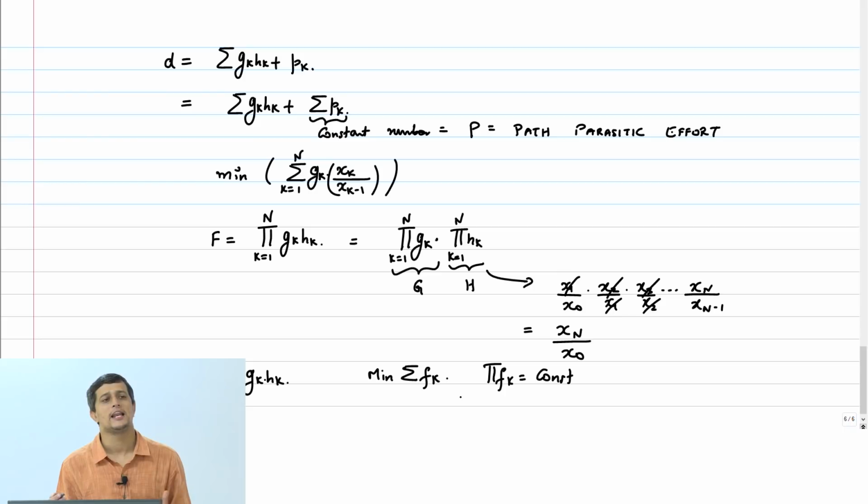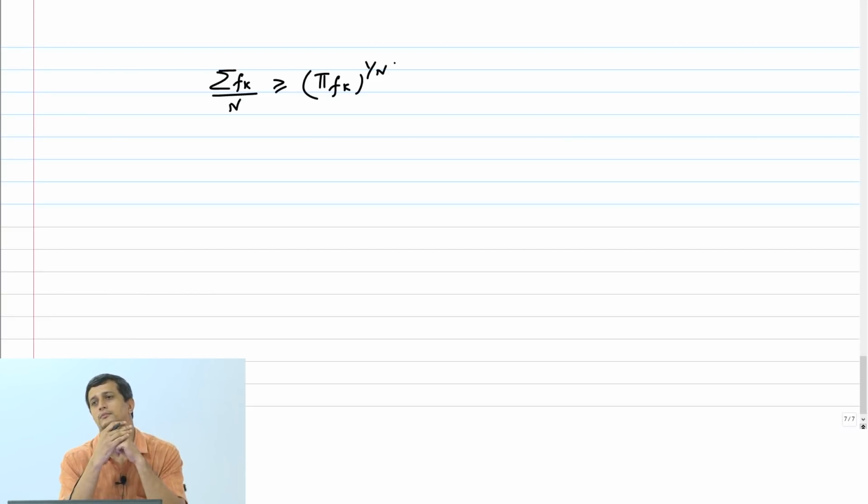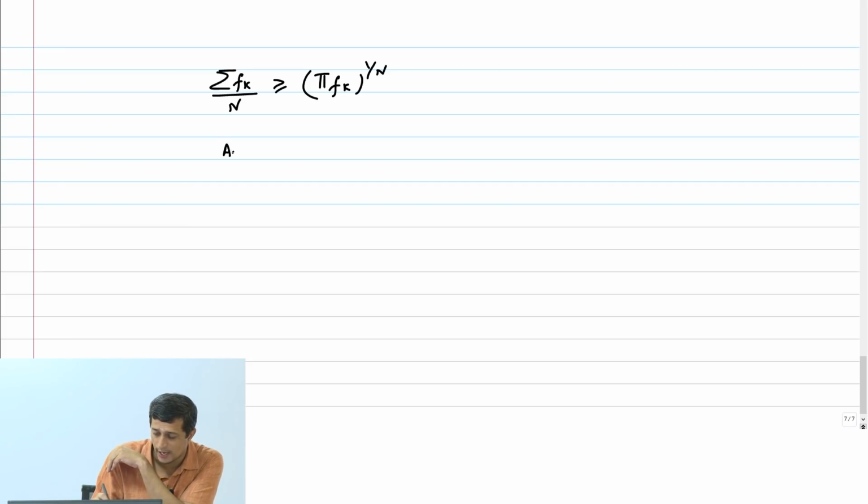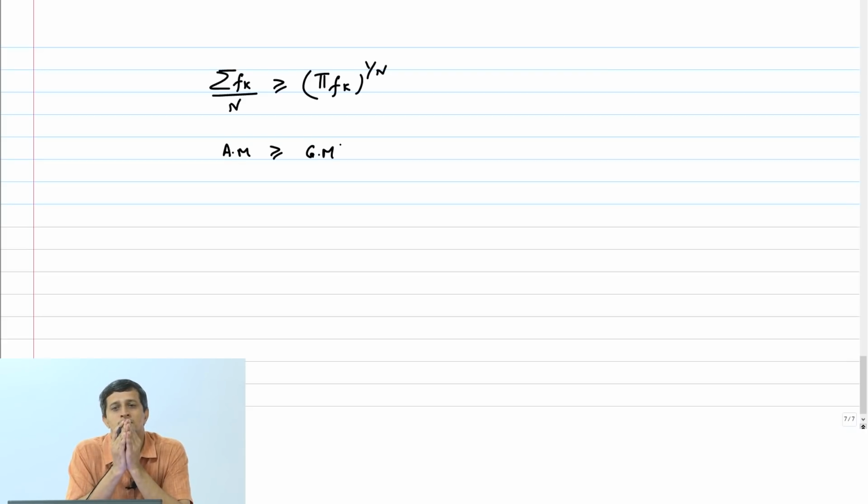You use the arithmetic mean, geometric mean inequality, and you can solve. The left hand side is some form of the arithmetic mean, summation Fk by n, right? So I can say the following: summation Fk by n is greater than or equal to the product of Fk whole power 1 by n. This is nothing but the AM greater than or equal to GM inequality, and the minimum will occur when each term is equal.